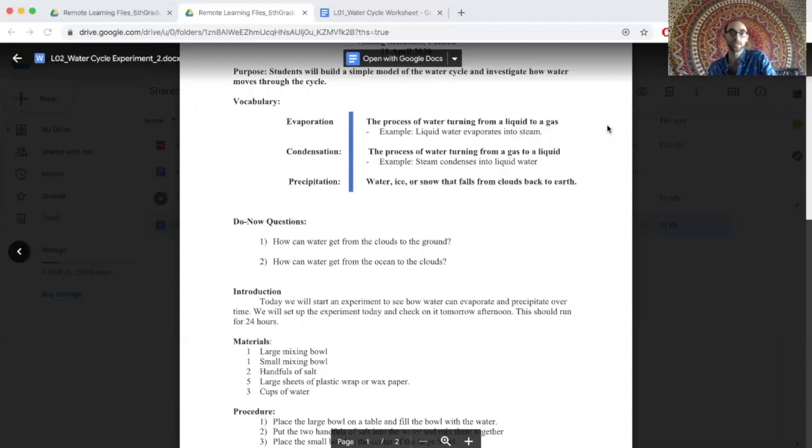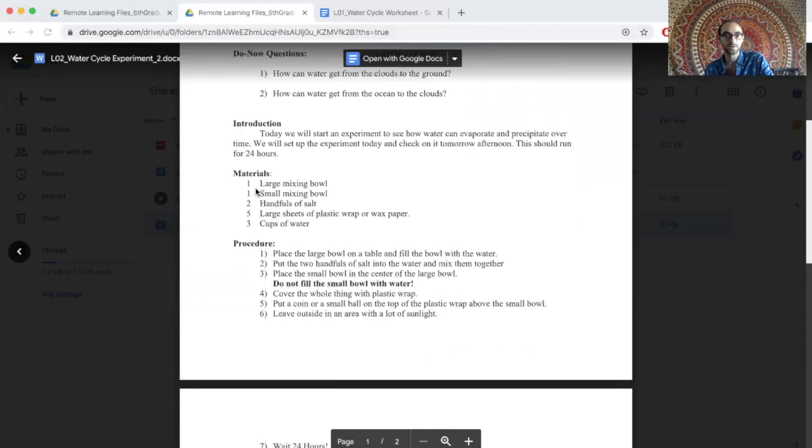Now this one's a little bit trickier, right? Because we see rain fall from clouds all the time, but we don't often see steam rising from the ocean or from lakes. It's a little unusual, but water has to get from the ocean to the clouds, to the atmosphere. And that's the process that we call evaporation. And this specifically is the question that we're going to talk about and run an experiment today to learn about.